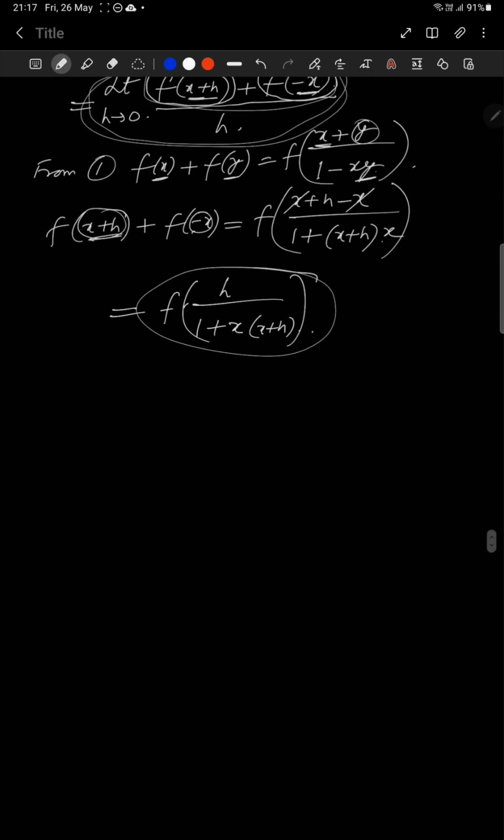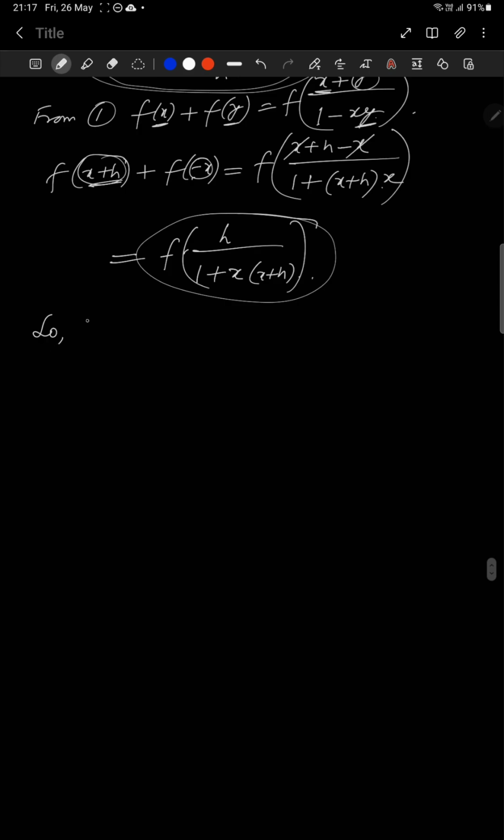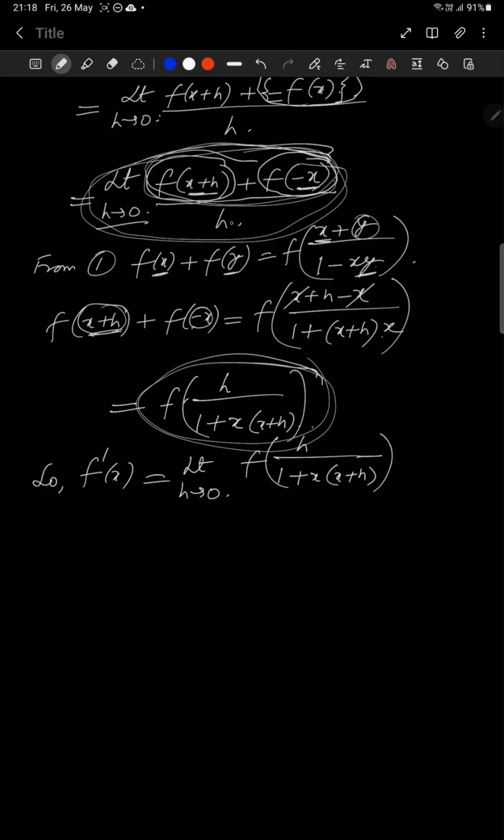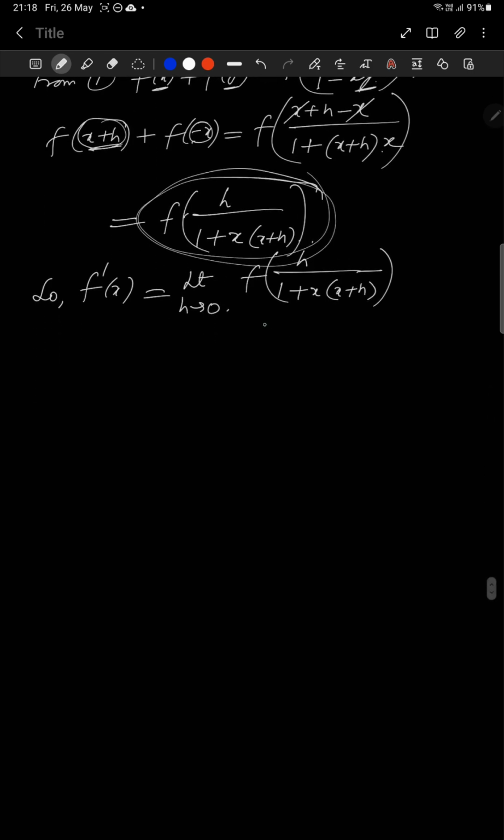So can we write f'(x) is equal to, in place of this whole quantity, this one, with limit h tending 0, f(h/(1 + x(x + h))), and in the denominator we had h, so that h I am writing over here. Alright, till this point I hope you have understood, all of you.